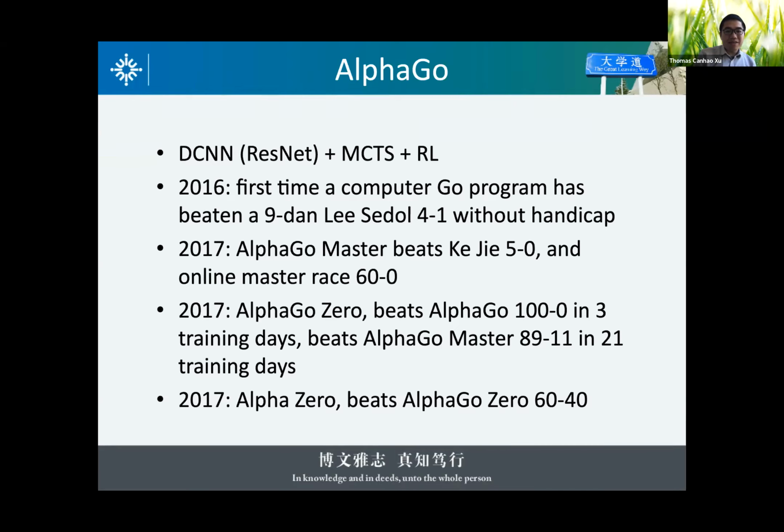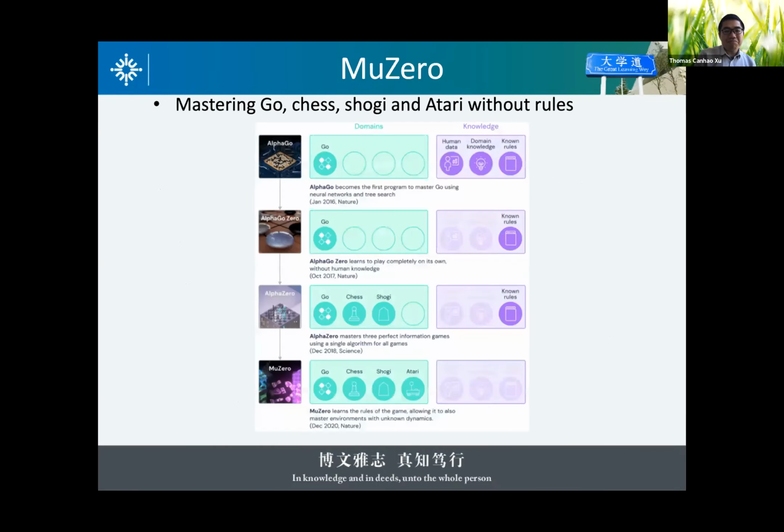And I think later on, only a few months ago, in fact December of 2020, last month, they published this paper called MuZero. It's the latest research from the AlphaGo team. The first AlphaGo focused on the Go game, and it used knowledge from human data, domain knowledge and the rules.